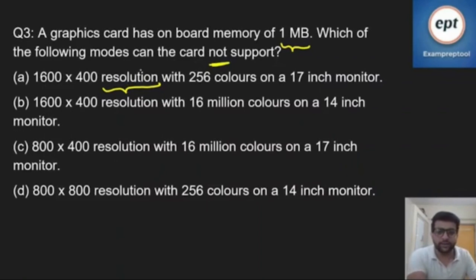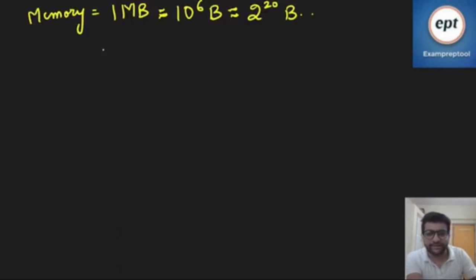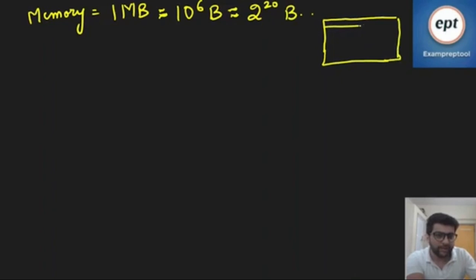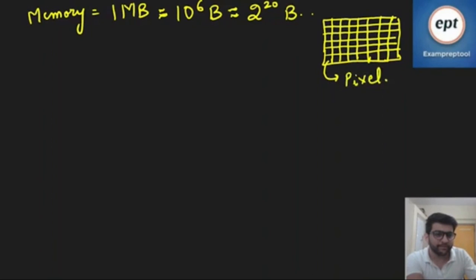Let me just introduce that. Let me tell you what resolution is, right? Let's say we have a computer screen, and this screen can be divided into a grid, and every unit in this grid is known as a pixel, right?